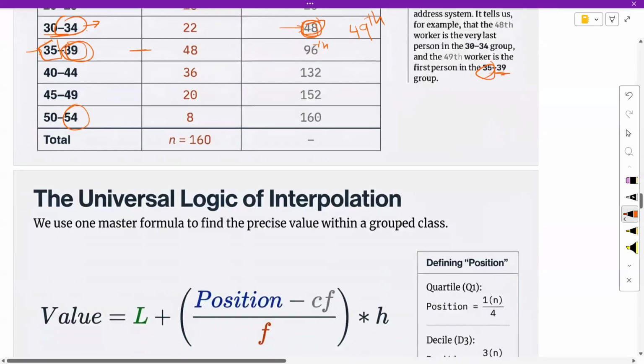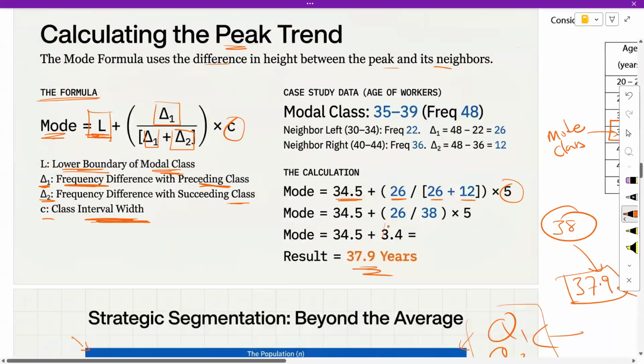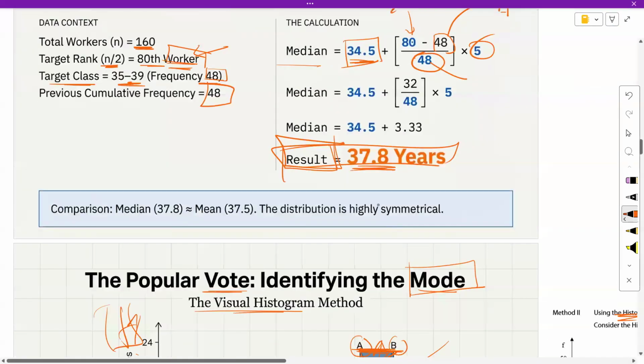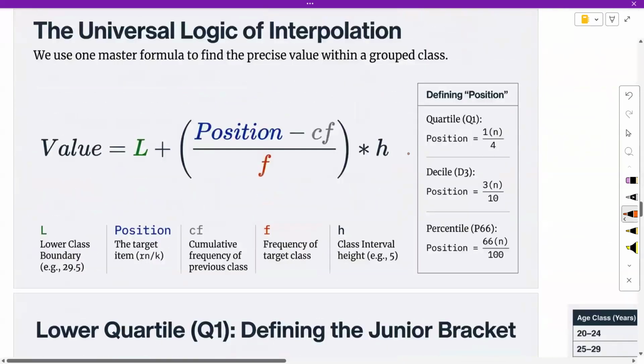It's a logic. Now we may use one formula for all scenarios. Whatever the quartile or percentile, we can use this formula, even for the median as well. We already found the median, which is equal to 37.8, by using this formula.